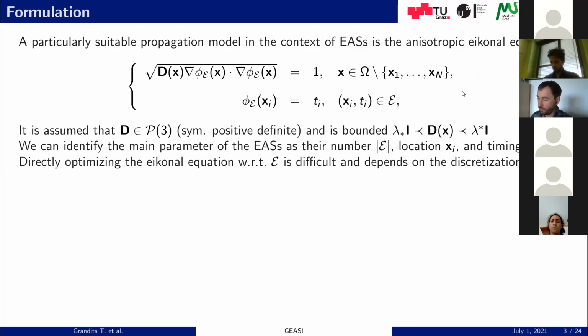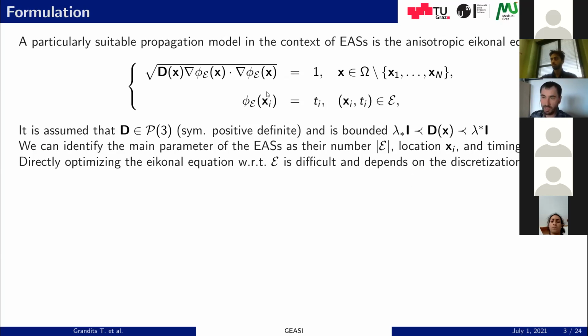What we actually want to find are the earliest activation sites given by this set E, which is defined by the number, the cardinality of the set, the location xi, and the timing, so at which point they actually initiate the activation. D is a positive symmetric definite tensor, and it is also bounded, so it has some finite conduction velocity. That's the only thing we're assuming for now.